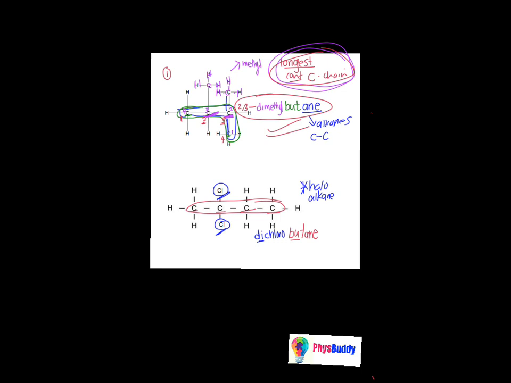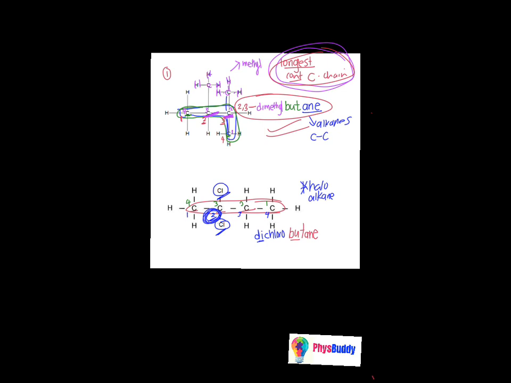Now we need to show the position of the chlorine atoms. If I number from the right-hand side, then both chlorines are on carbon number 3. But if I number from the left-hand side, then both chlorine atoms are on carbon 2. And remember, the rule from the IUPAC naming system is to always try to use the lowest possible numbers.